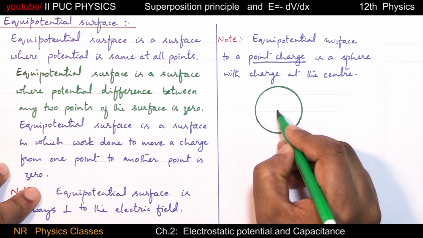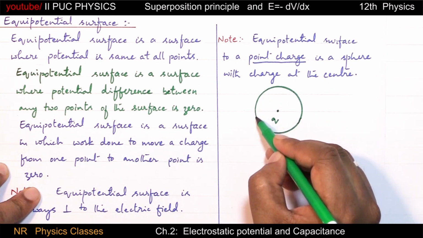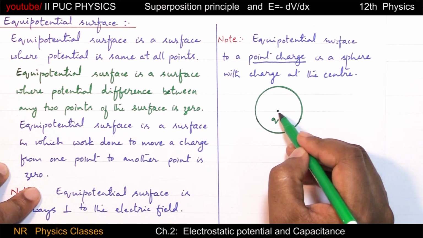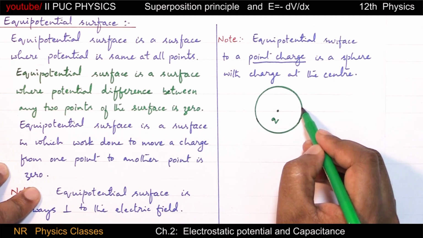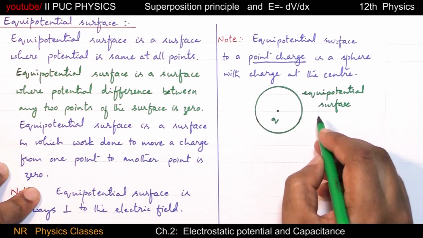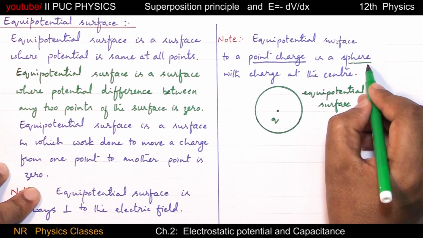If this is a charge at the center, then every point on the surface of this sphere is equidistant from the center, that is Q. Therefore, this is an equipotential surface. And what is the nature of the surface? It is spherical, or a sphere.